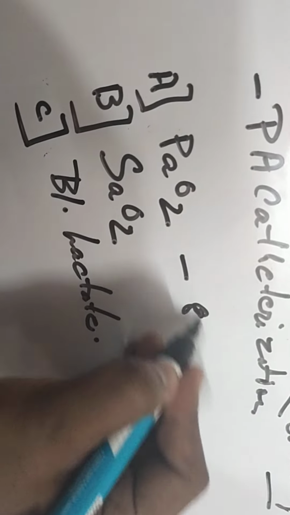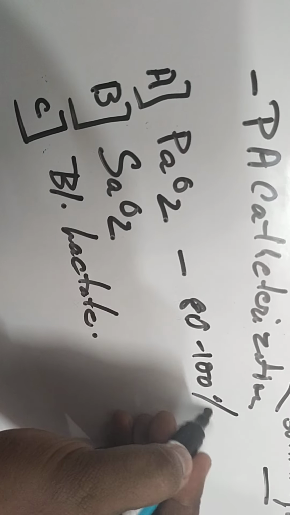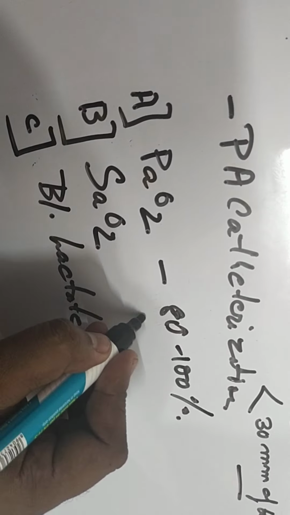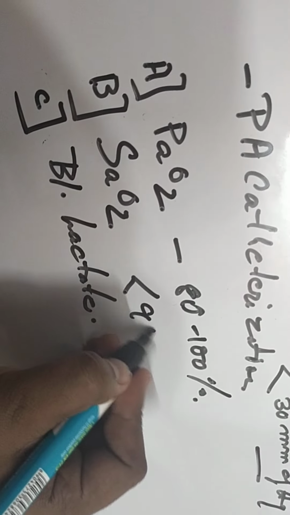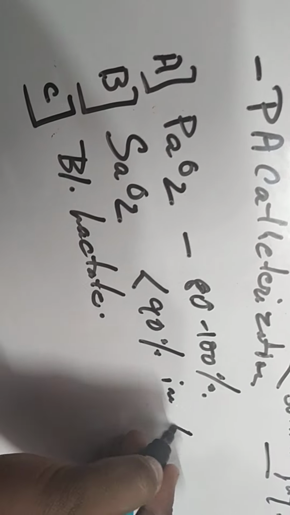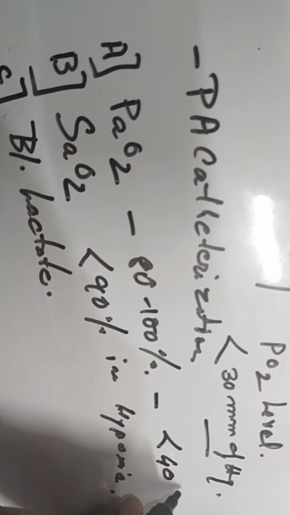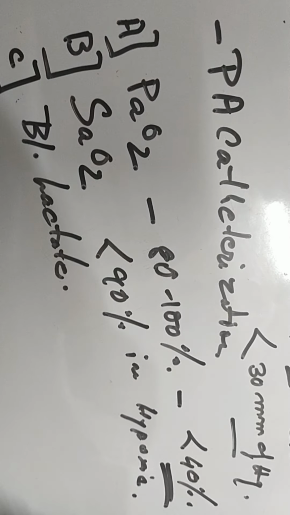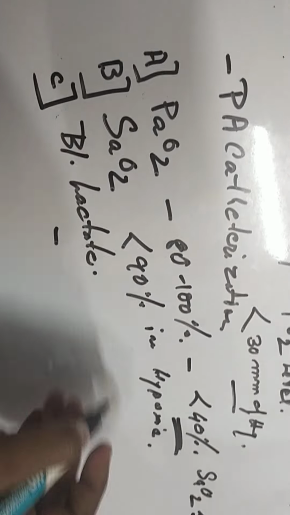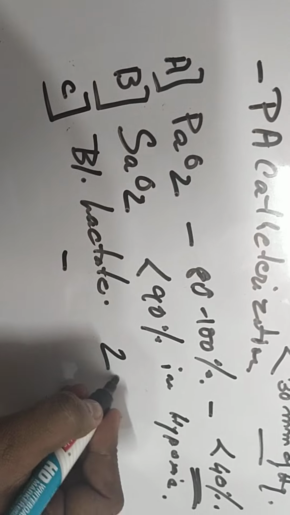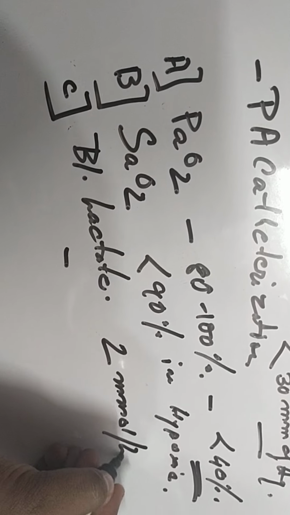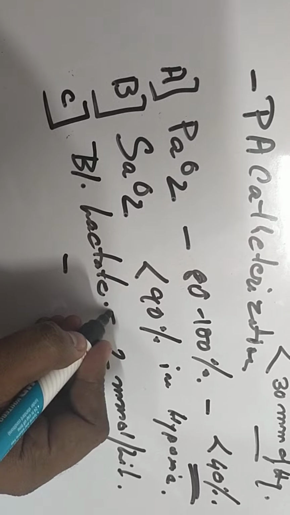PaO2 within 80 to 100 should be less than 90% in hypoxia, and less than 40% is impending ventilatory failure, where SaO2 is less than or equal to 75%. For blood lactate, the normal range is within 2 millimole per liter.